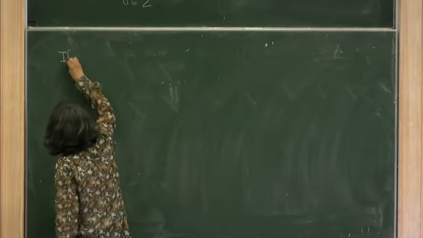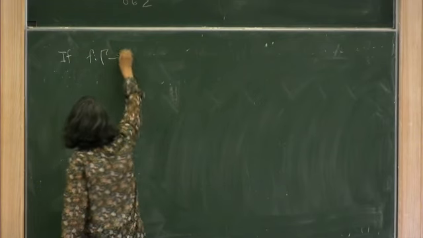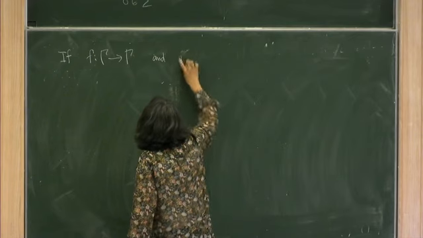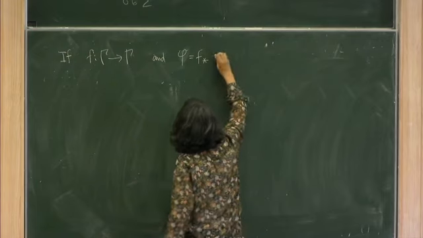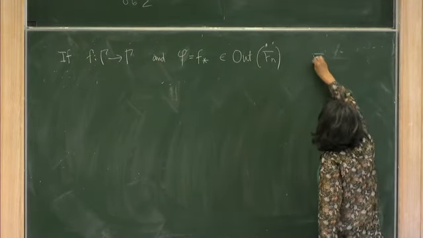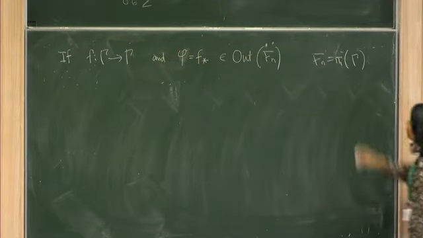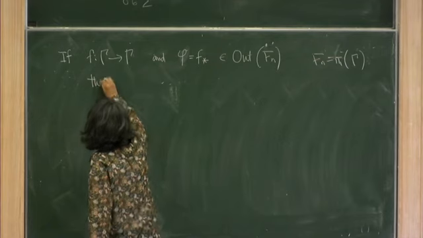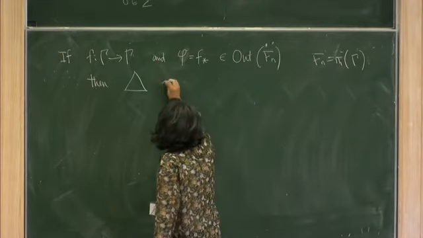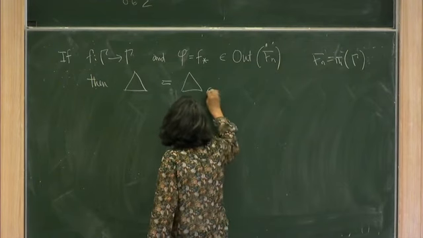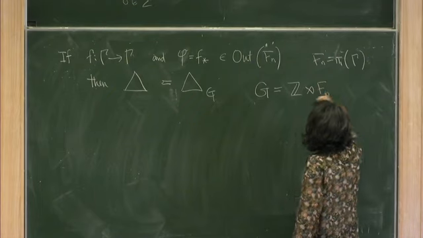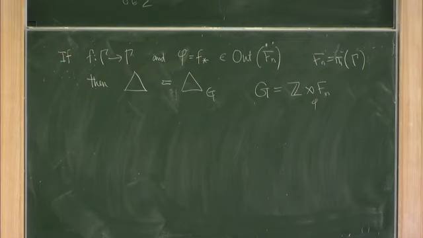So if f: gamma to gamma is a graph map, and phi is f star, thought of as an element of Out(F_n), where F_n is pi_1 of gamma, then that polynomial that you get from going through all that is equal to the Alexander polynomial, where G is the bicyclic group for phi.